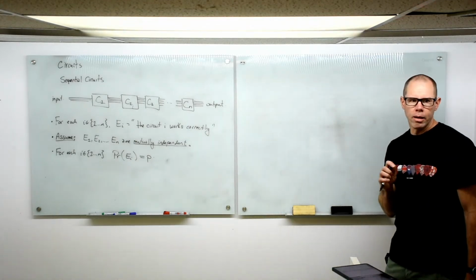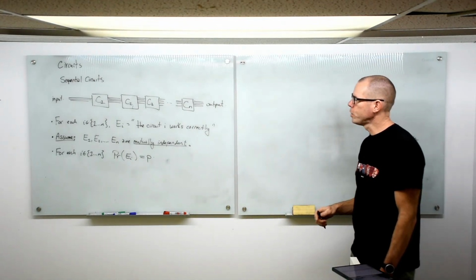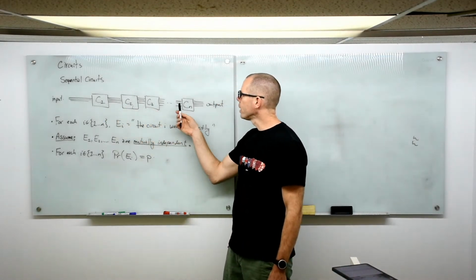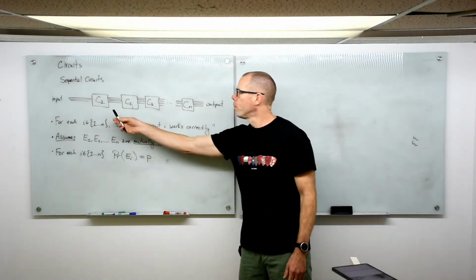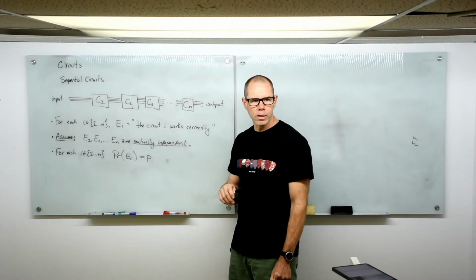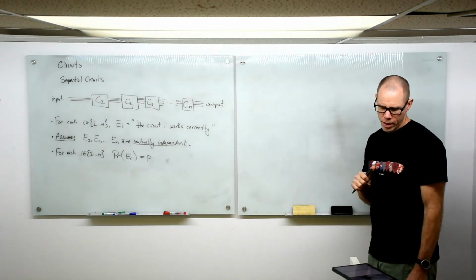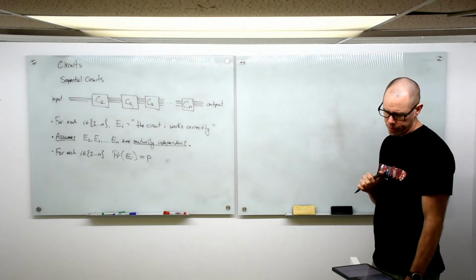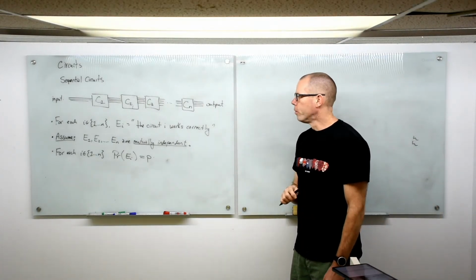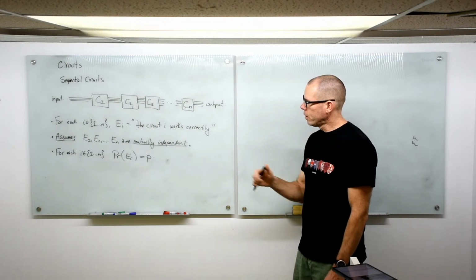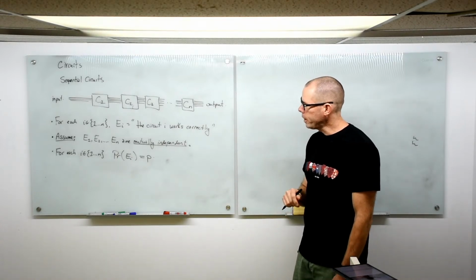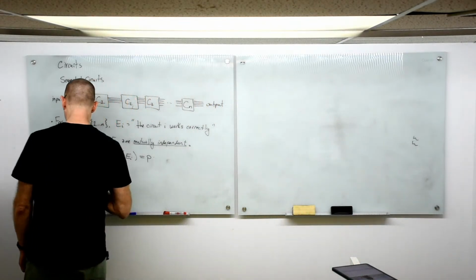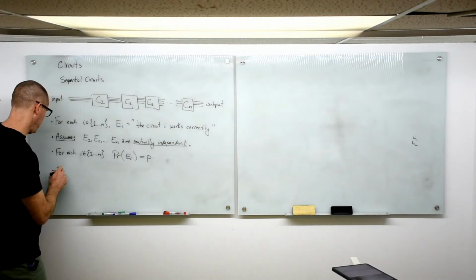There are certain types of networks where at each stage it's exactly the same thing that gets done to the data, in which case the probability that this one works is the same as the probability that this one works, if you're thinking of maybe manufacturing defects happening. So the probability that E_i, that the circuit C_i works, is equal to p. And now you say, okay, let's look at the probability that the whole circuit works.